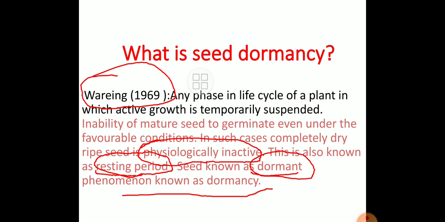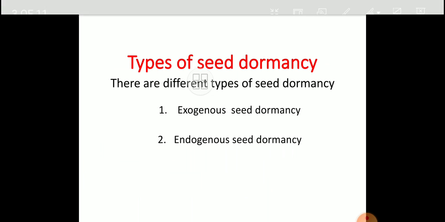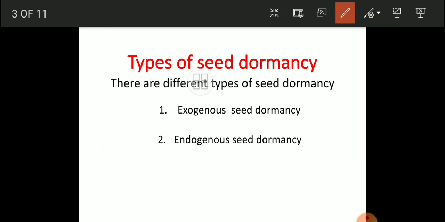Now, what are the types of seed dormancy? There are two types: exogenous seed dormancy and endogenous seed dormancy. By these names you may come to know that exogenous seed dormancy is when seeds are kept in a dormant condition because of external factors.